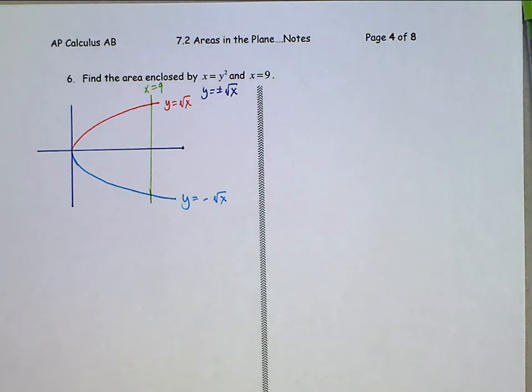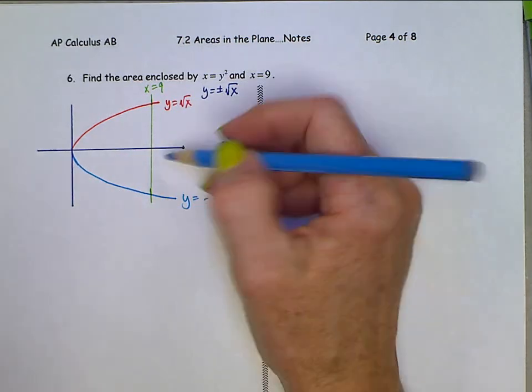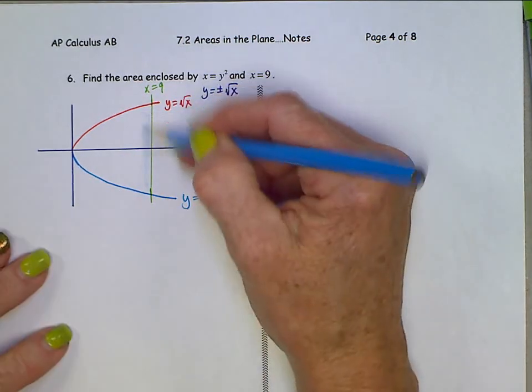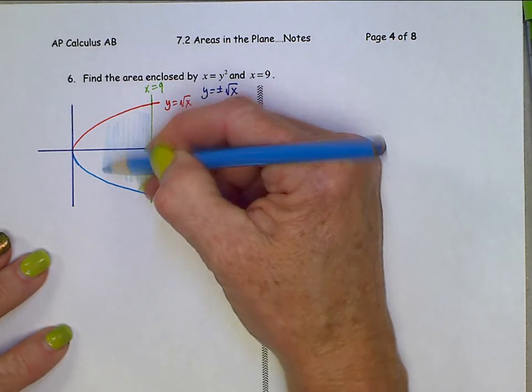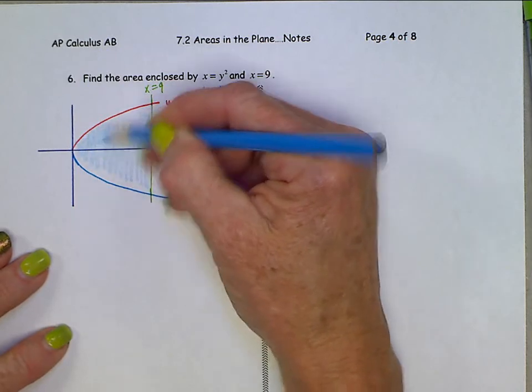So the region that we want then is this shape right in here.